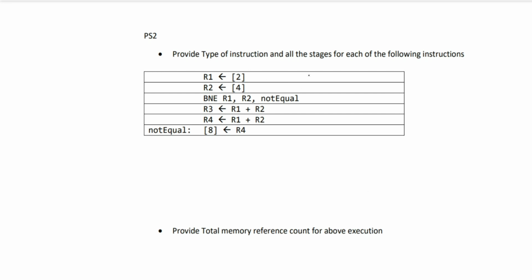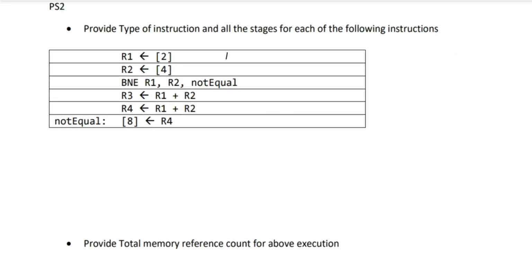So this one, L type, L type, L type, branch, R type, R type, and S type. When he asks for all the stages, does that mean we have to list fetch, decode, exec, mem, like that? Yes, that's what he means.